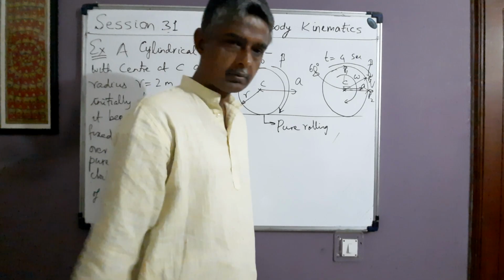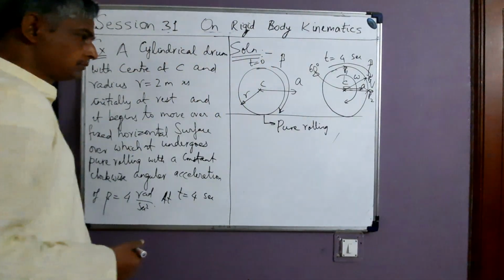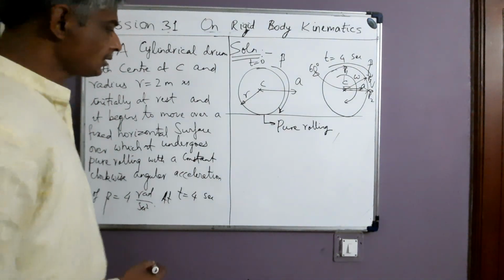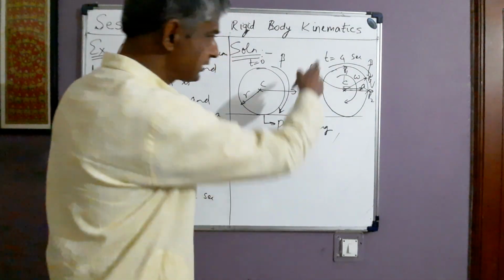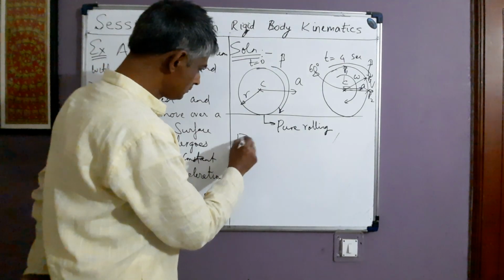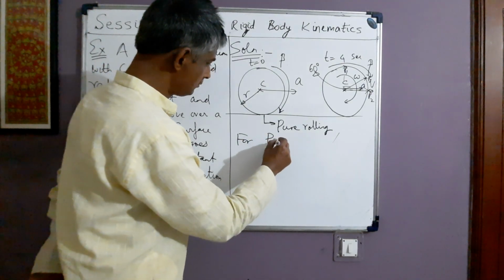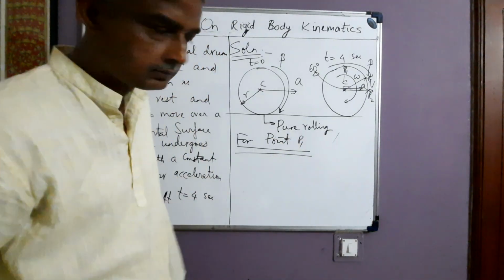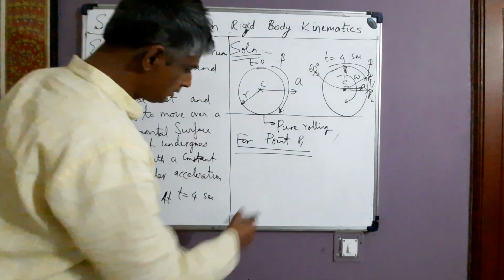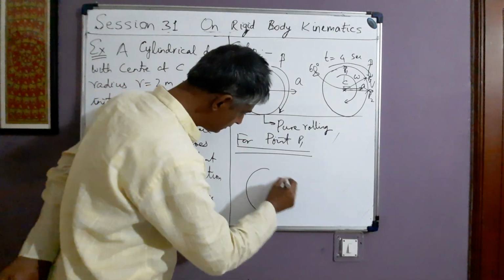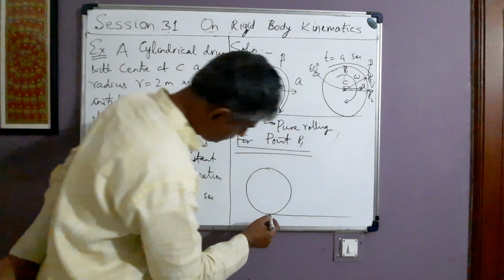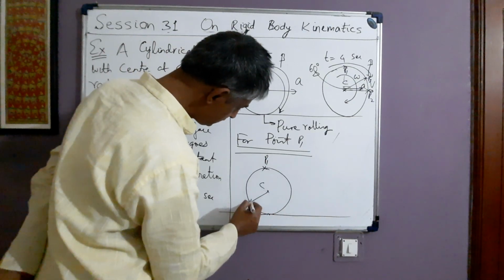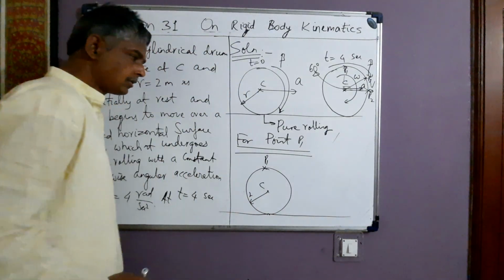I'll just demonstrate it here. First I'll do it for P1. So I draw the diagram here for the sake of clarity. This is the point P1, the center C, this radius R.